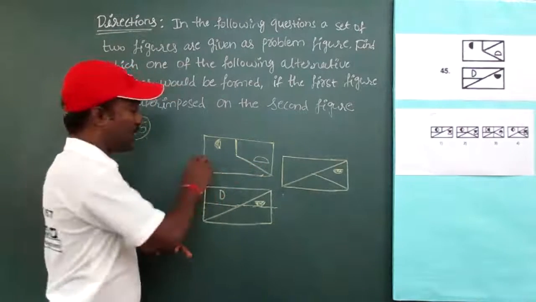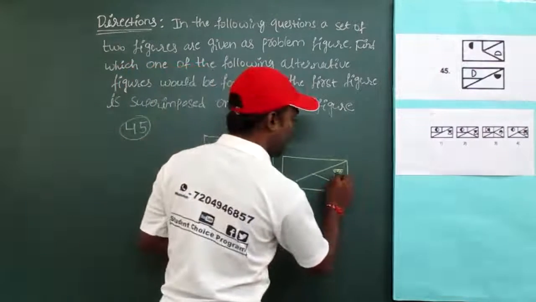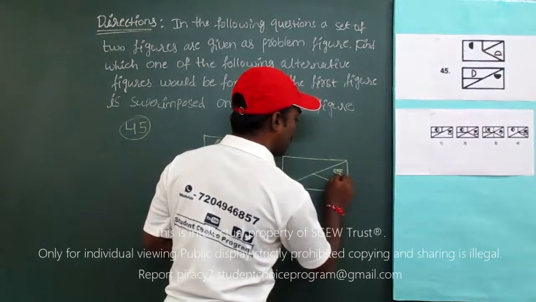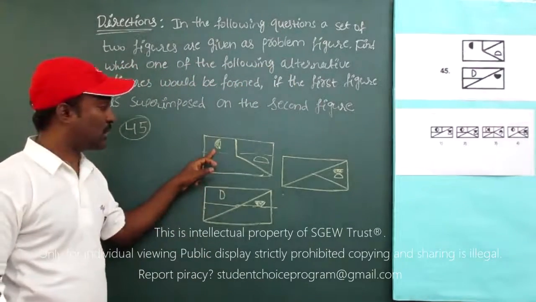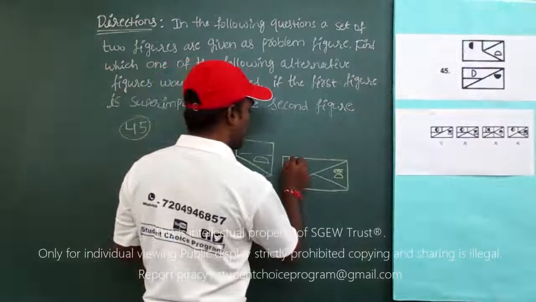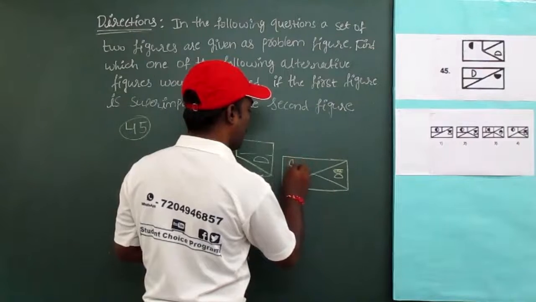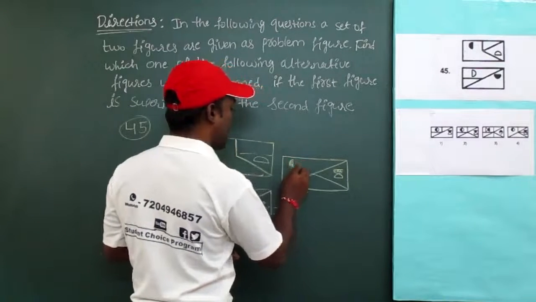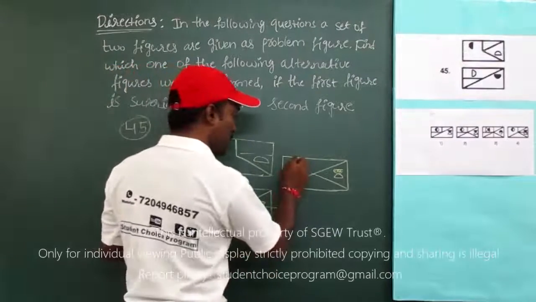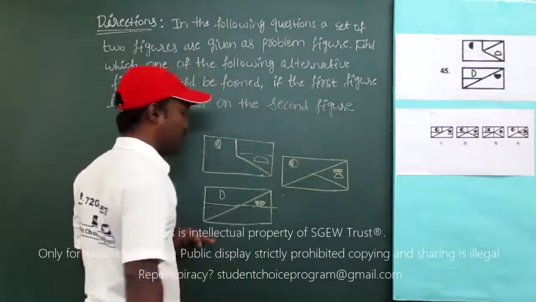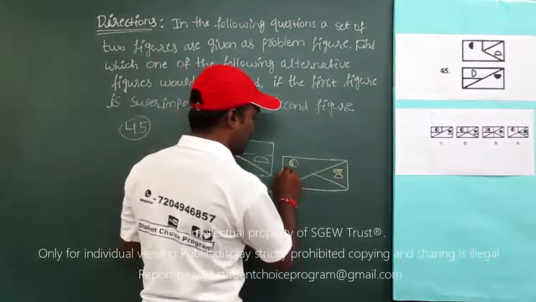If you divide this into two parts, this will appear at the bottom, so this will come here. Now here I am having a dark semicircle, and a blank semicircle here that will appear here. Now I'm having one more line here, and that has to be drawn like this.